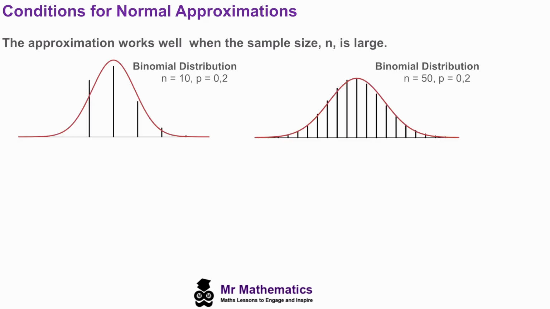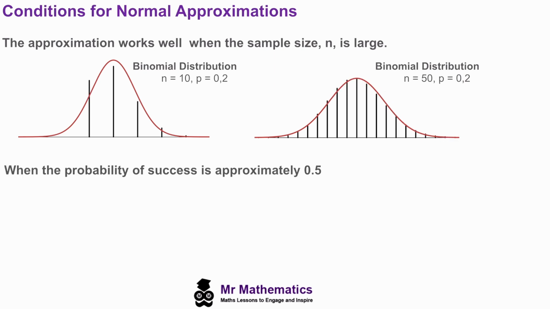You can see in these two examples, the black lines represent the binomial data, the red curve represents the normal distribution, and when n is 10, so a sample size of 10, and a probability of 0.2, the binomial data is not aligned with a normal distribution. But when you increase the sample size to 50, keeping the same probability, you can see there's a much better alignment between the binomial data and the normal distribution.